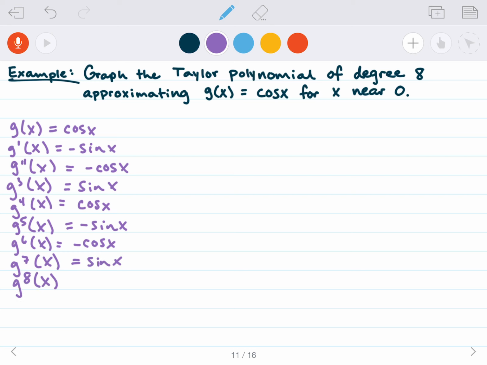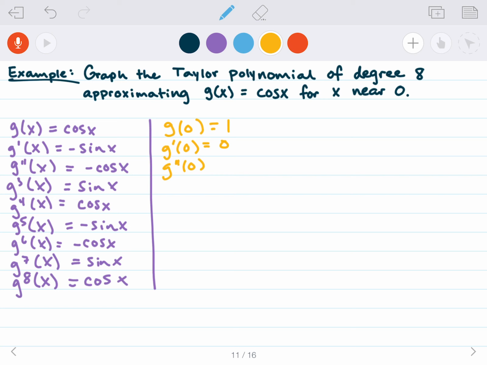Just taking derivatives, doing what we do. All right, so there's the 8 derivatives along with the function itself. Now what we really care about is the second column. Again, we're looking at what happens near 0, so we're concerned with g of 0, which is 1, g prime of 0 is 0.